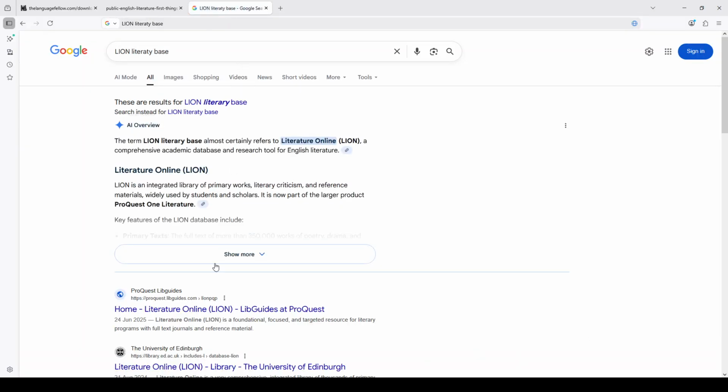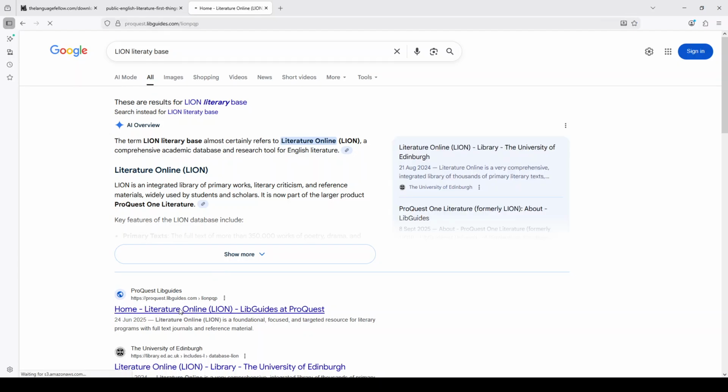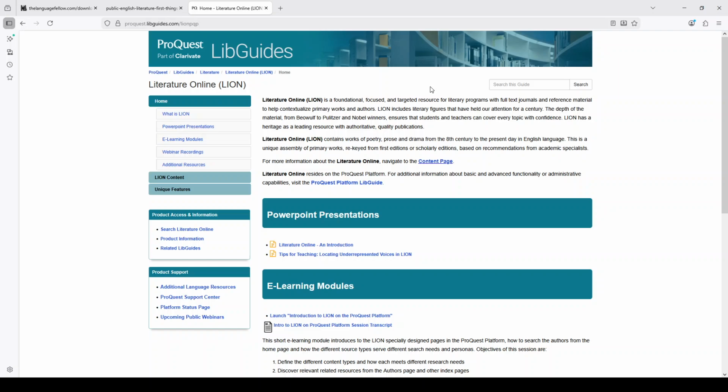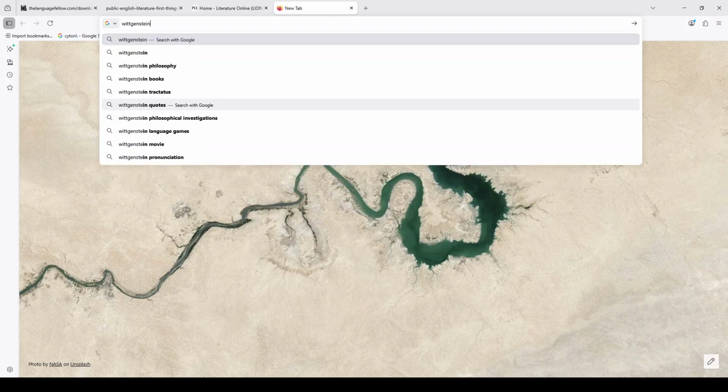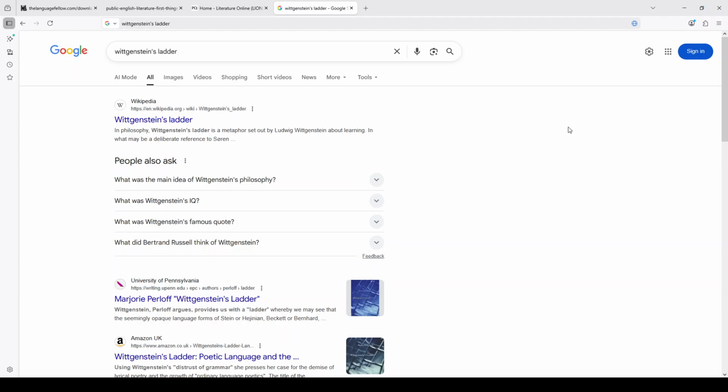Please don't mind my typing, and please don't assess me using this activity of mine, because I need to get to the link, and it's like Wittgenstein's ladder. Find out about it. Metaphor set out by Wittgenstein. See how much of it is metaphor. That's a great area, a host of research questions and so on.